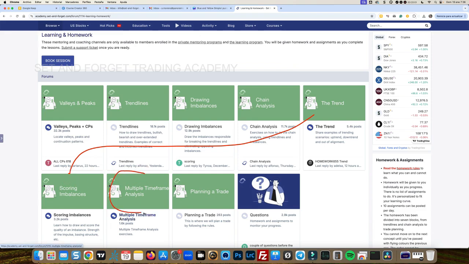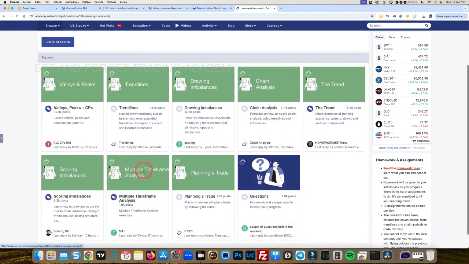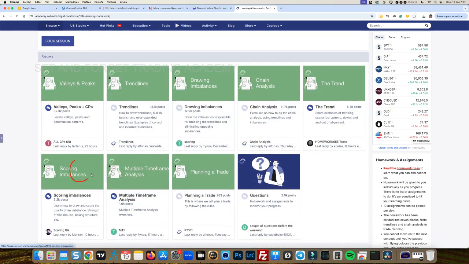Then you're going to do the same, all this, in a very important exercise. All this knowledge will be applied to create the multiple time frame analysis, in several time frames at the same time, drawing the imbalances, scoring them, trend lines, valleys and peaks, and so on.